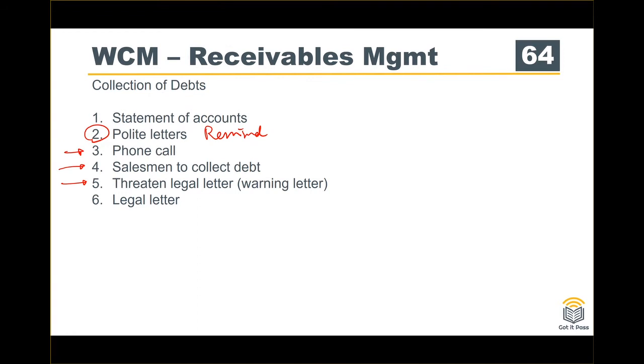Also, you can only mention that your customer has to comply with what the two companies agreed to do. Say the credit terms is 30 days, now it's more than 100 days. Please settle the outstanding balance as soon as possible. Okay, it's about the warning letter.